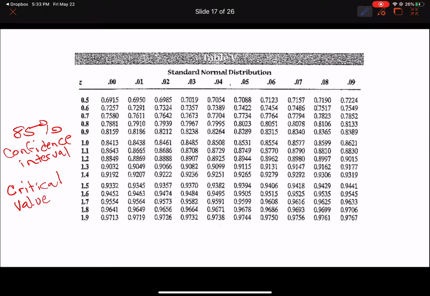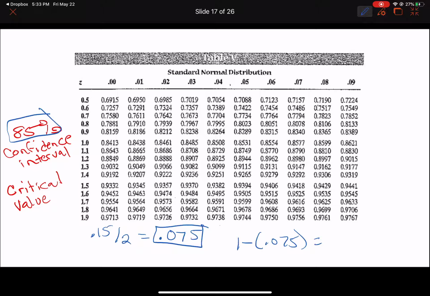All right, so how'd you do? Okay, so I know that the difference between 85 and 100 is 15. So 0.15 divided by 2 gives me 0.075. Now I need to do 1 minus that 0.075.